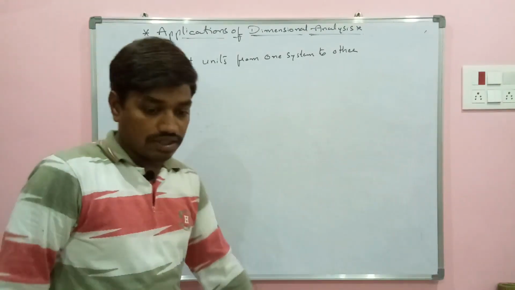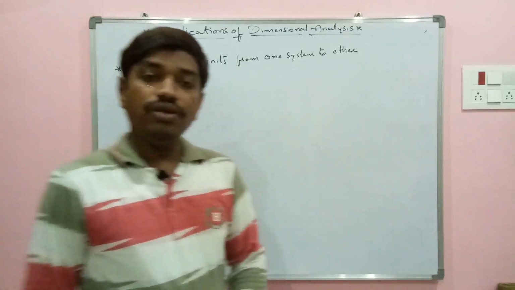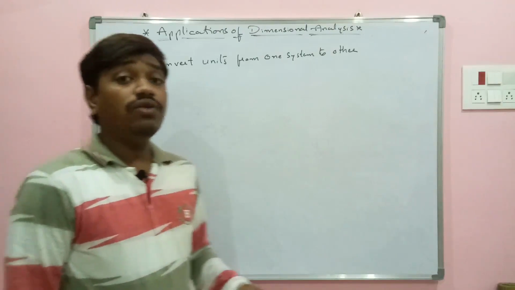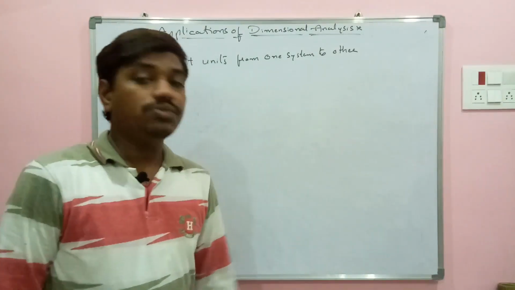Suppose you have the CGS system, you have the SI system, you have the MKS system. A physical quantity has different units in different systems. So it is useful to find out the relation among these particular physical quantities and their respective units.